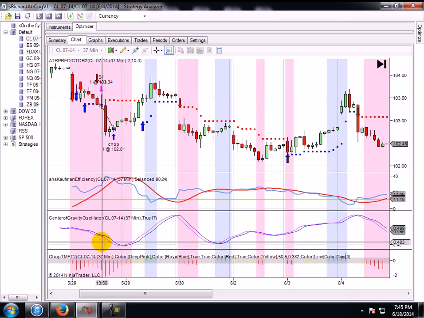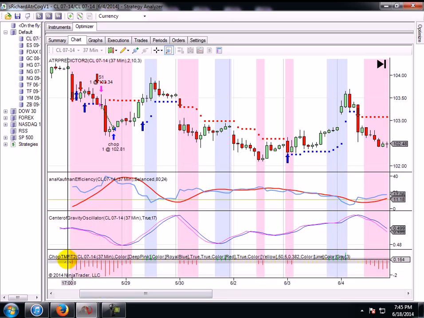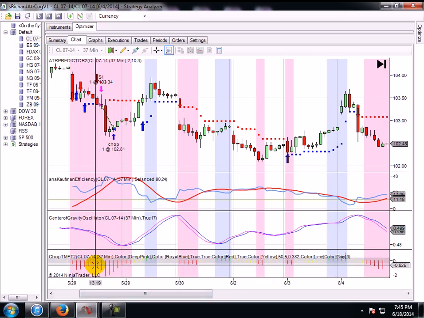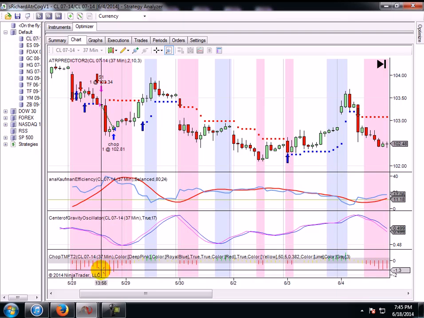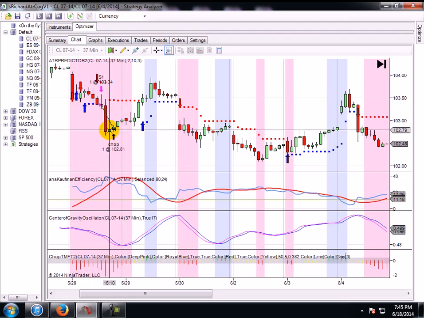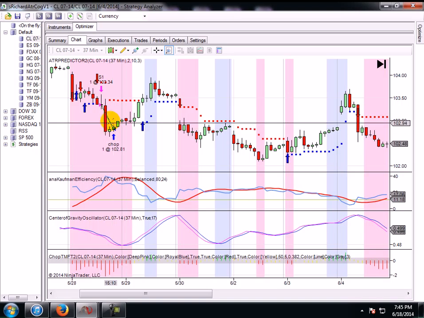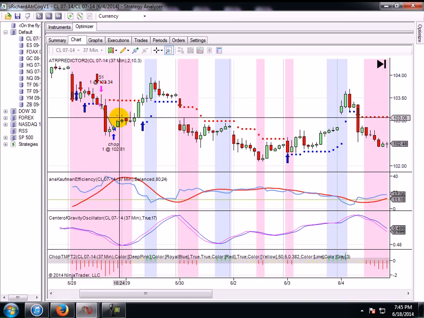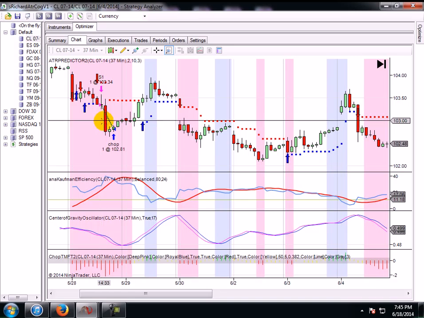Looks like we get in here, and according to our exit rules of the TMFT2 chop meter, we would be in this for 1, 2, 3 bars, and it actually closes the position at the open of the next bar. So this is a textbook example right there.